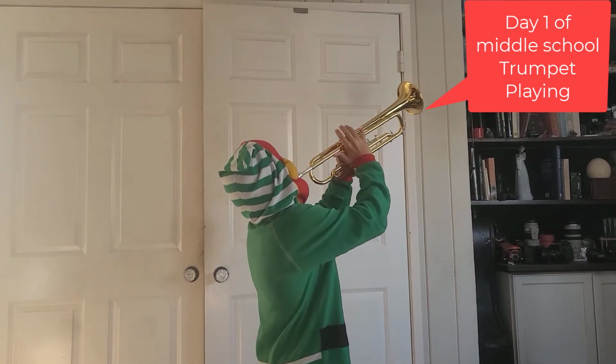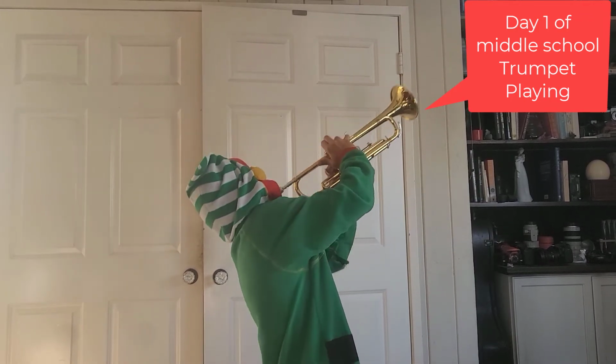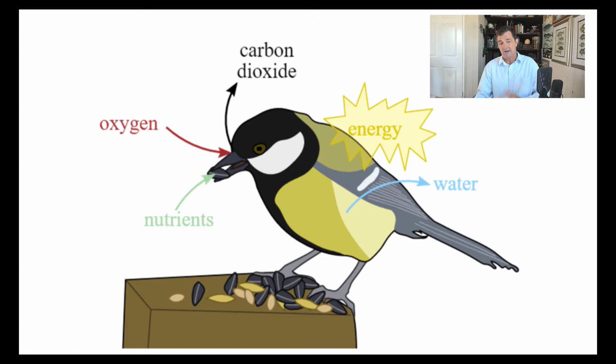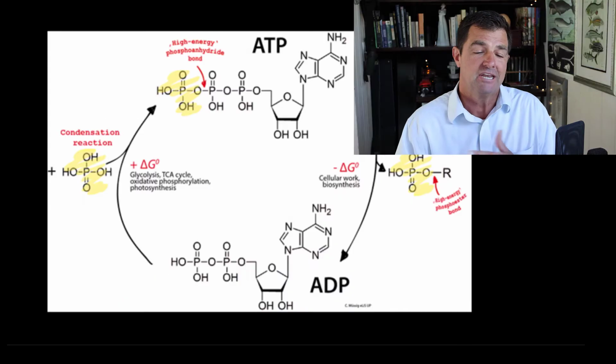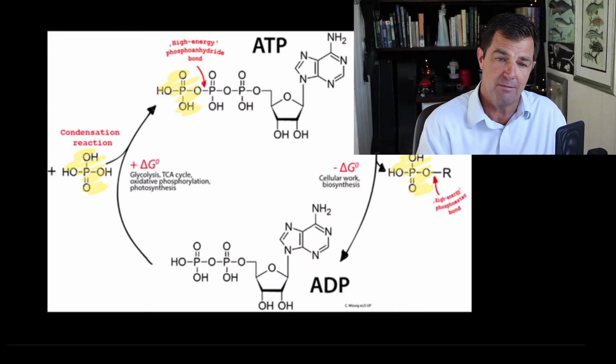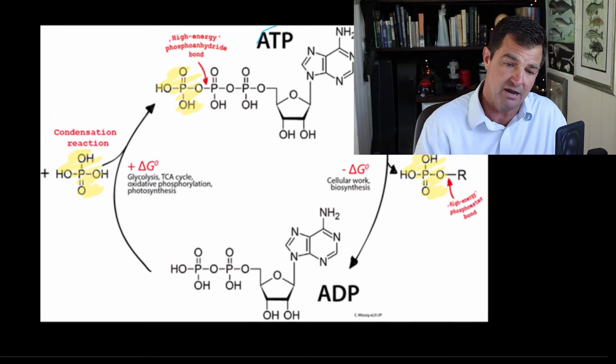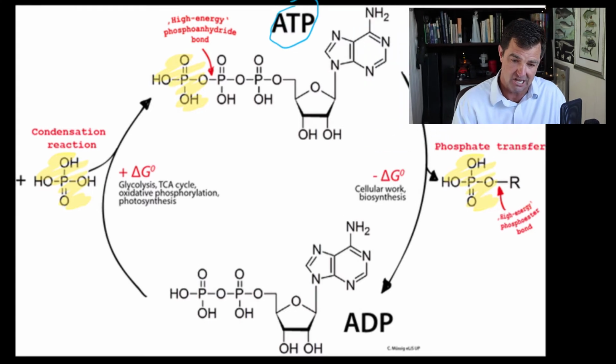And all those things are going to require energy, and there are some byproducts, things that come out of that. We're going to take oxygen in the case of this animal here, and we're going to release carbon dioxide and water as we go.